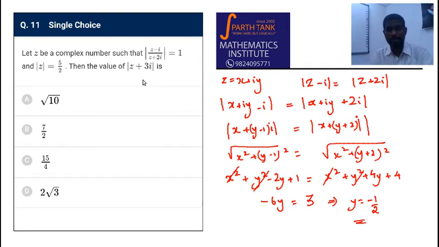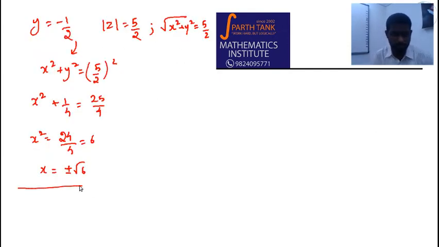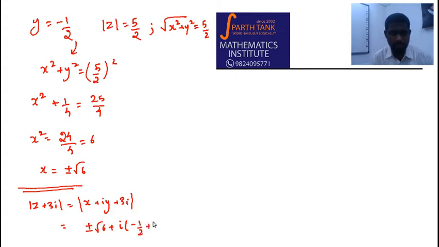Okay. Now what are they asking us exactly? Mod of z plus 3i. So what is mod of z plus 3i? Mod of z plus 3i would become mod of x plus iy plus 3i, and x is plus or minus root 6 plus i into (y is minus 1 by 2 plus 3).